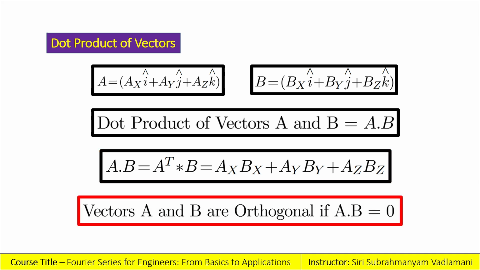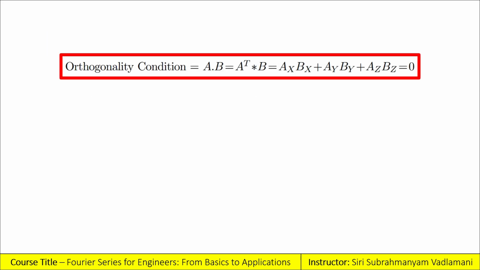Without going into the geometrical interpretations or vector projections, two vectors A and B are said to be orthogonal or perpendicular if their dot product equals 0. Mathematically, this condition is written as A dot B equals 0, which serves as a quick check for orthogonality between vectors.